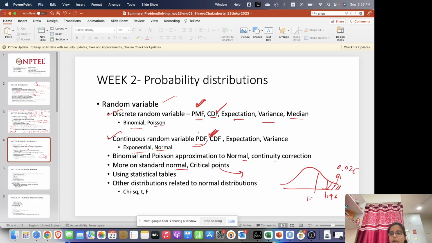If we have 1.64, the area above is 0.05. These are the critical points that we can obtain using the qnorm function, as I was saying yesterday. Also we learnt how to use statistical tables and the other related distributions, which are the chi-square, t and F. Okay.